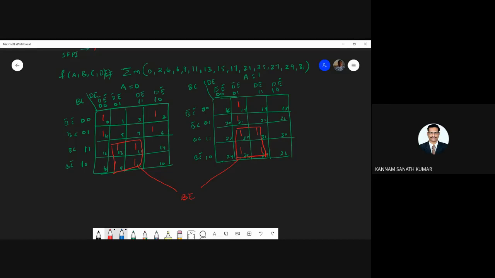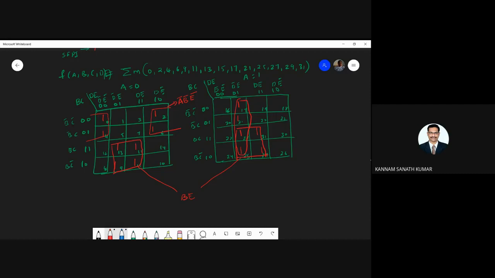And next, this one and this one make one quad. This is the complemented form A bar. Which is common? B bar, and here B bar E bar. Next, this one makes one quad, and this one makes one quad.